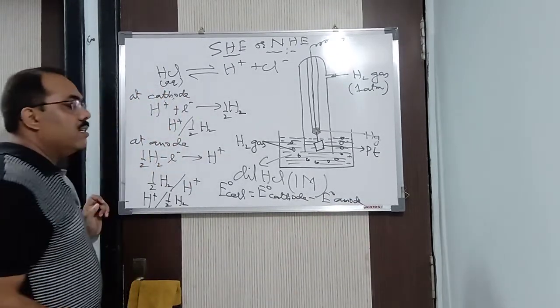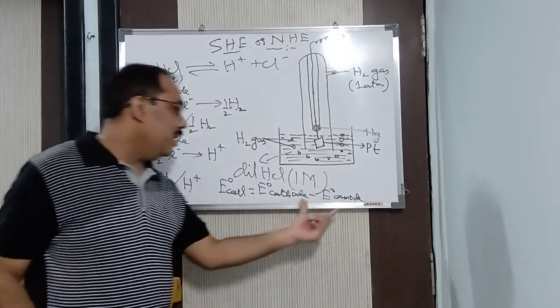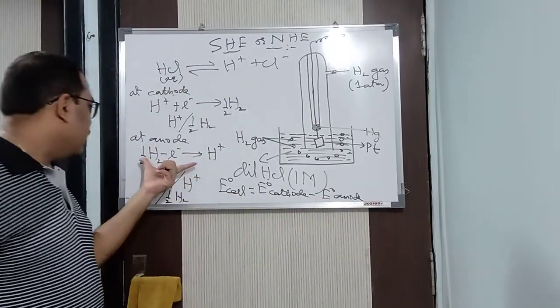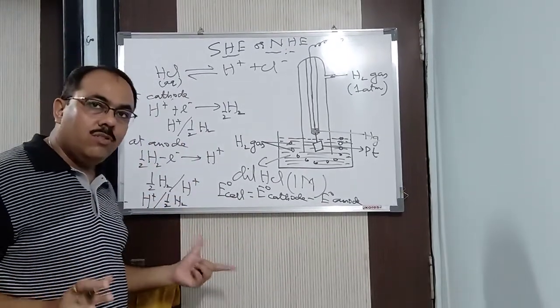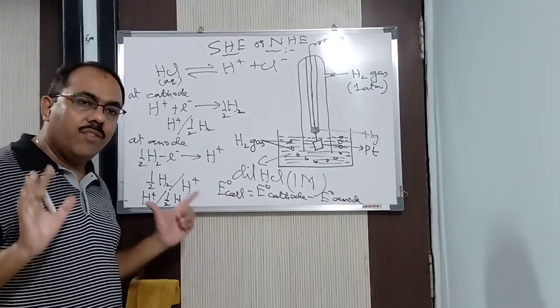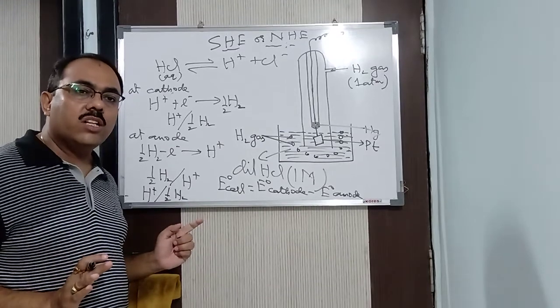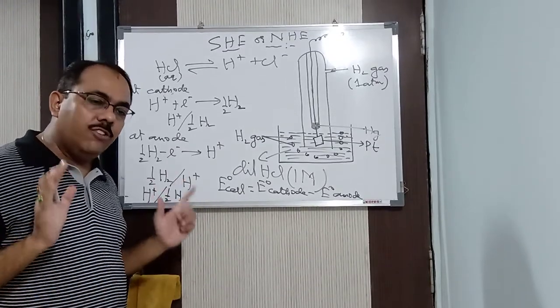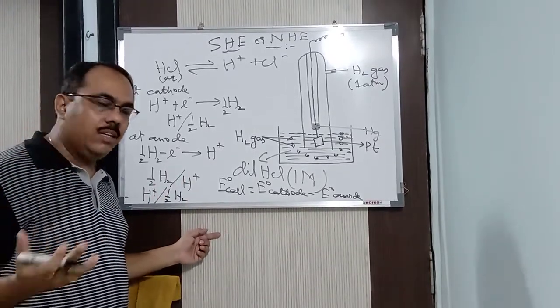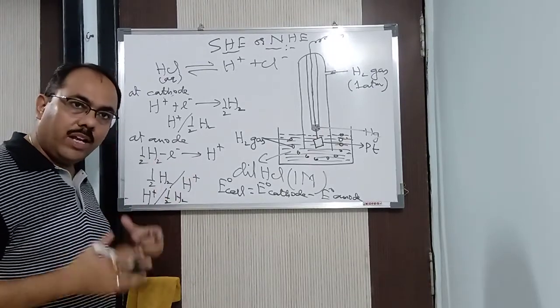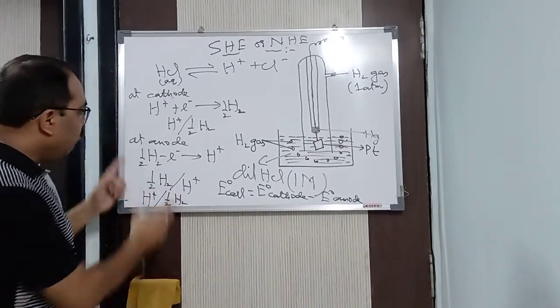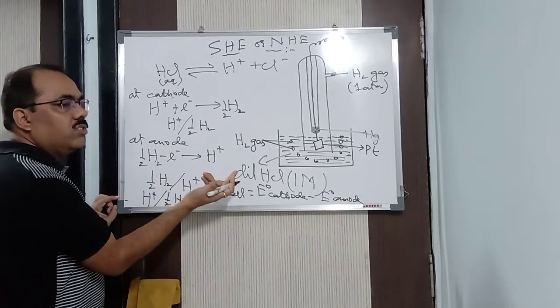According to the international system, everything has to be converted into reduction potential. If the value is given, we change the sign. But here the value is not given, so the equation is going to change.